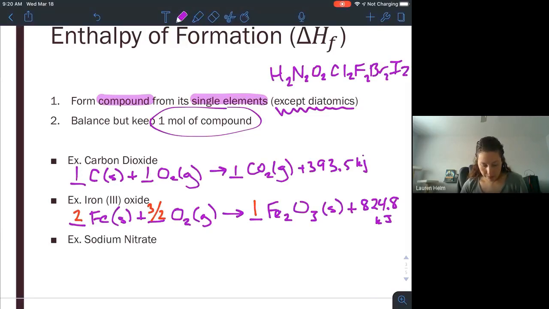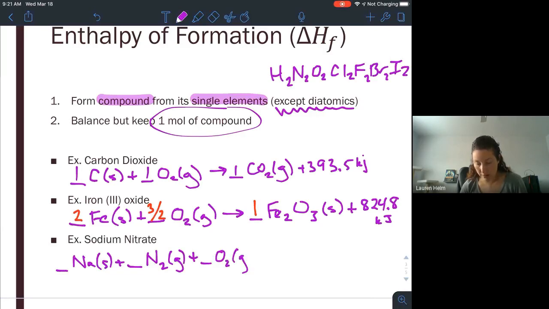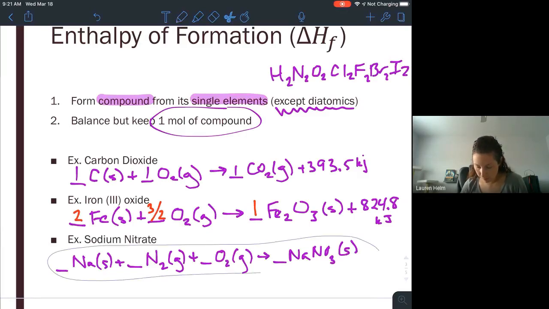Sodium nitrate, we have solid sodium and diatomic nitrogen gas and diatomic oxygen gas forming sodium nitrate solid. And let's make a little more room.